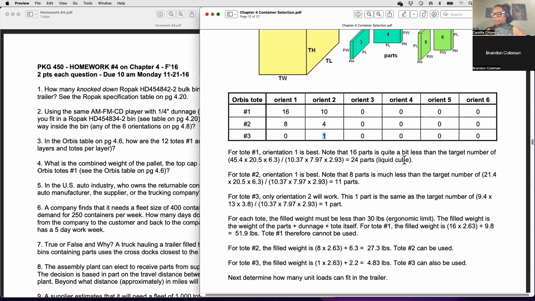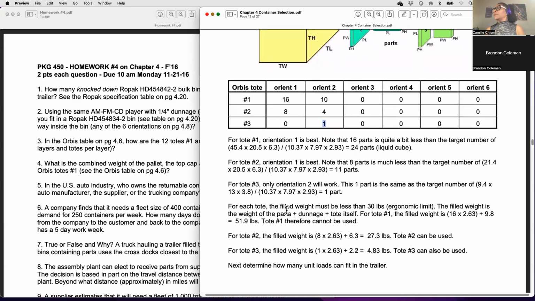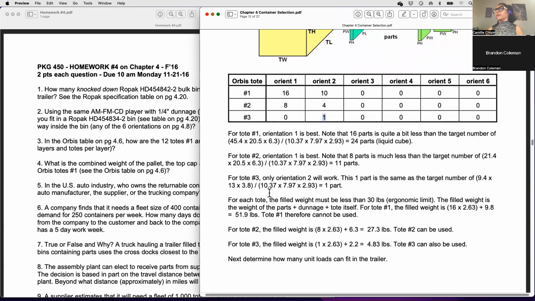Okay, great. All right, so this is going through the same exact scenario, but looking at totes. So we already know the totes aren't going to hold anything, but showing you how to do it, you can go through all these different scenarios.